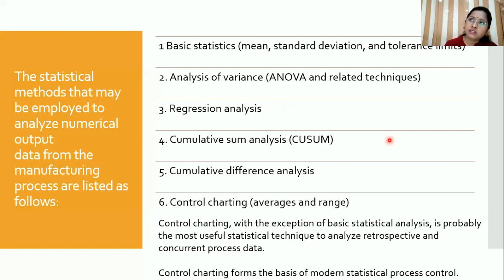Like if I say the sum of the tablet weight, that is a cumulative sum analysis. If I say the number of tablets, lakhs of tablets, then the whole total will be the cumulative sum analysis. Then cumulative difference analysis. So what is the difference between the two units? Then control charting, so averages and range. So are they in the average or in the range or not. So these are the 6 steps we have to apply in the statistical method control.